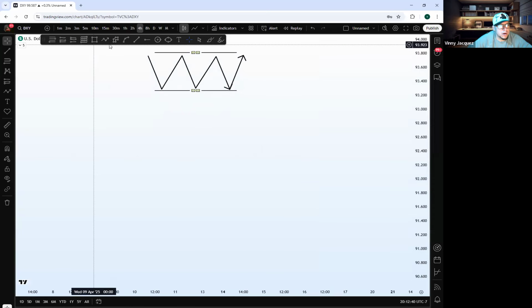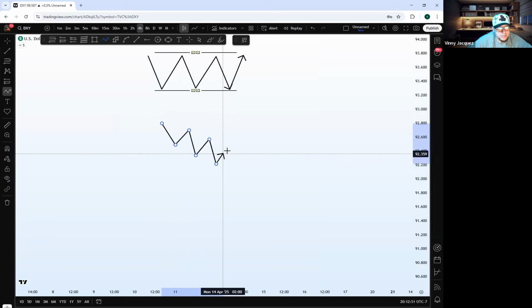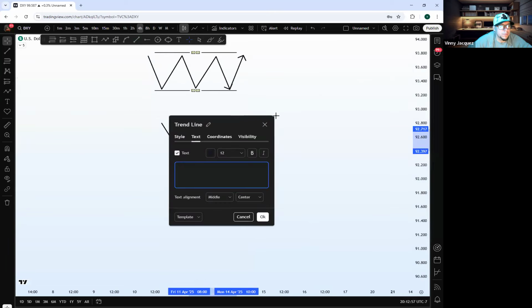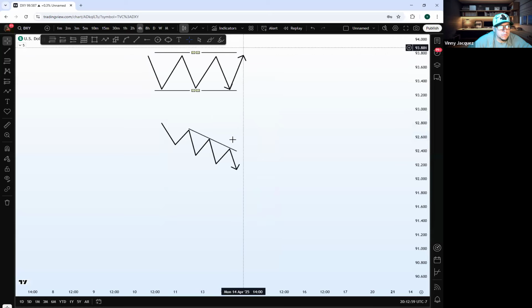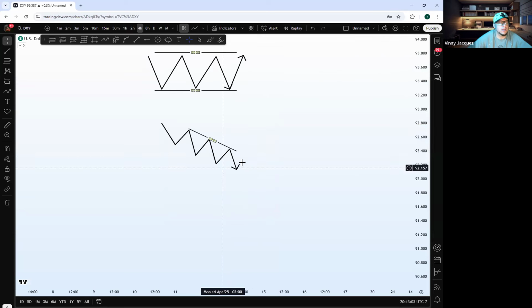Now, there are some things that are called trend line liquidity when the market is slightly going down, but you can see it's respecting a type of structure like this. This is called trend line liquidity. Yes.